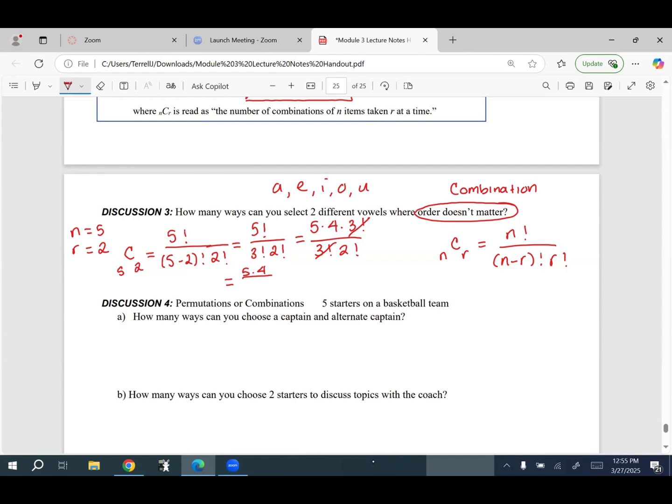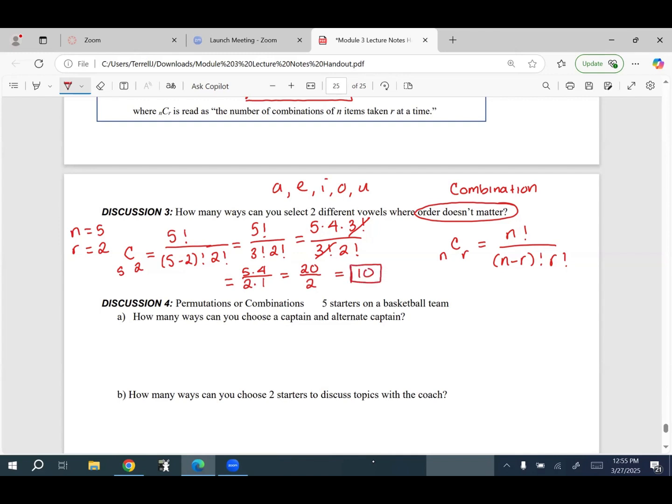And then I have this 2 factorial in the denominator, which is just 2 times 1. And so what do I have on the top? 20 divided by, in the denominator, 2. And so 20 divided by 2 is 10.